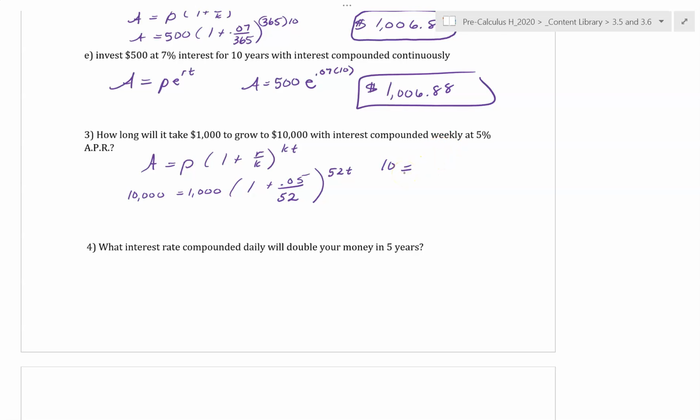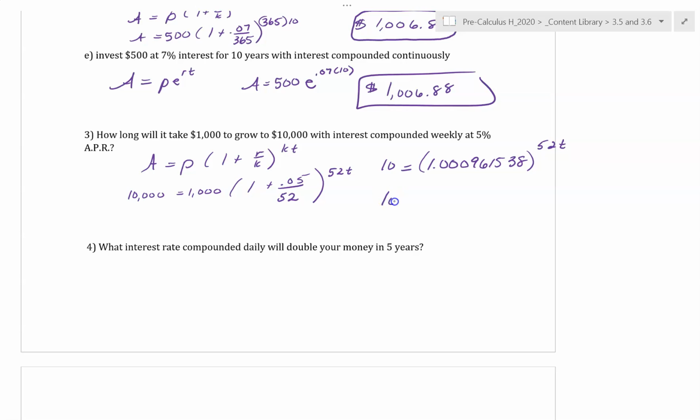Now, on your calculator, if you do 0.05 divided by 52 and add 1, you're going to get something like 1.009615538. I would store that value. Or if we just keep scrolling like we did for the last problem, then you wouldn't need to store it.